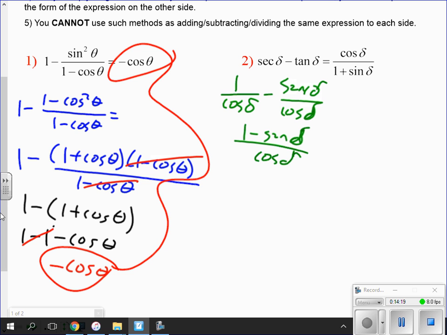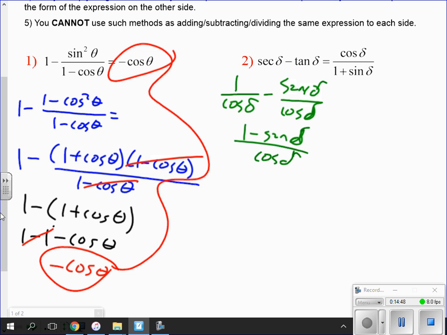You can't do that. However, I can make that numerator 1 minus sine squared. This is something I honestly don't think you guys would remember, and that's okay. Going back to our algebra 2 roots, when you had an i in your denominator and had to get rid of it, you multiply by the conjugate.